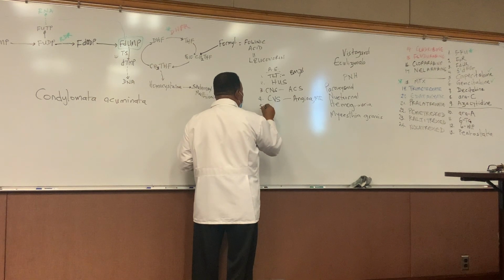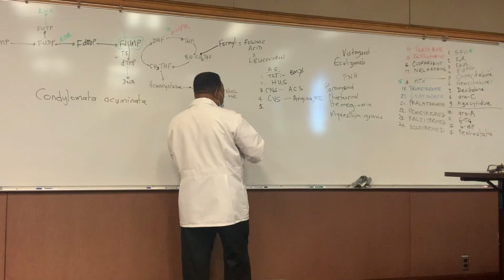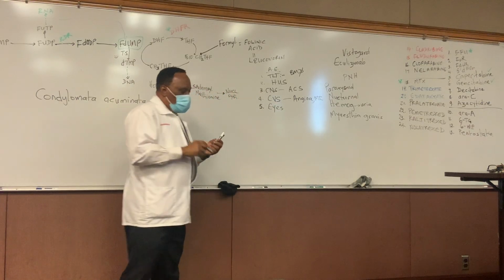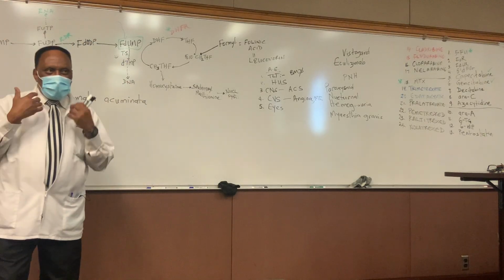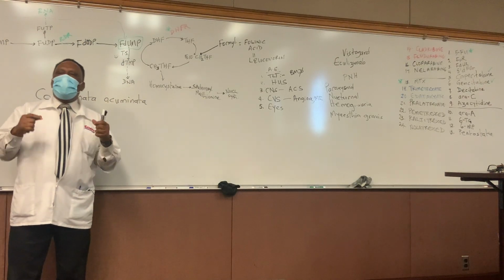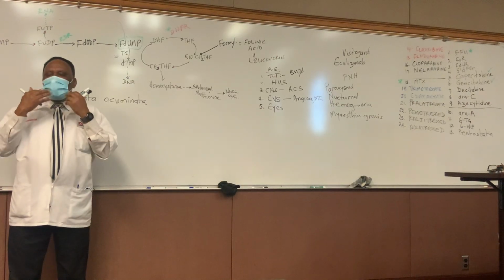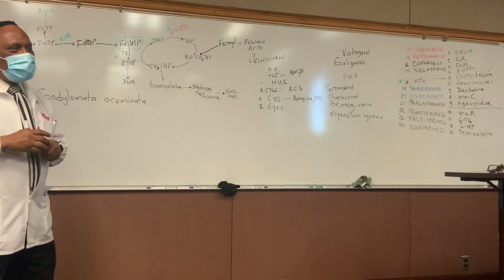Then number 5 will be the effect on the eyes, because your 5-FU can cause lacrimation. So even though the patient does not want to cry or anything, tears will be rolling down their face or eyes, if you will.